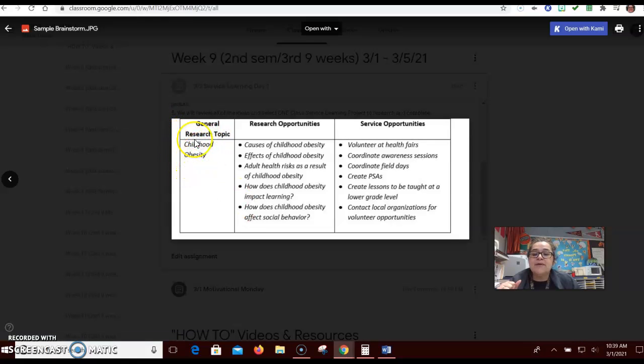So the general topic, for example, could be obesity, research opportunities. So in the class, you could have one group doing research on causes of childhood obesity, a different group doing research on effects of childhood obesity, another one how it can affect adult health risks because you were obese as a child.